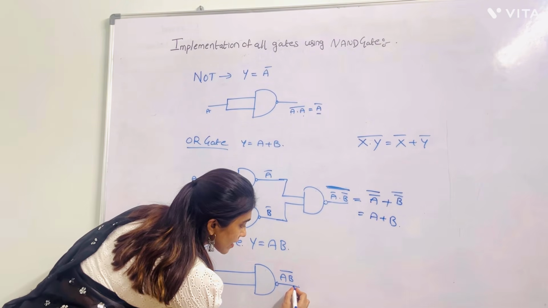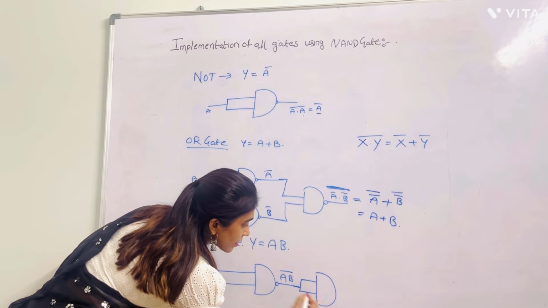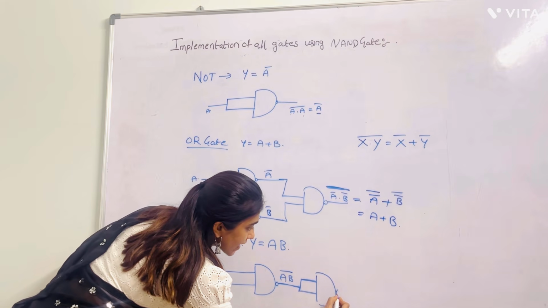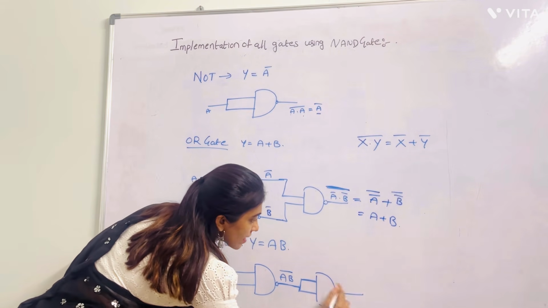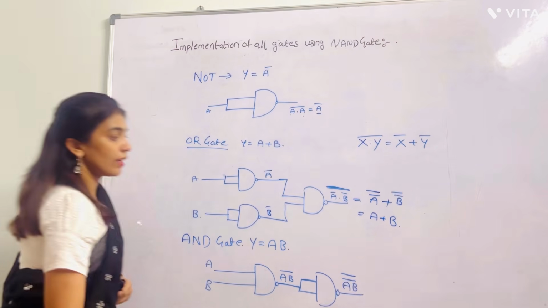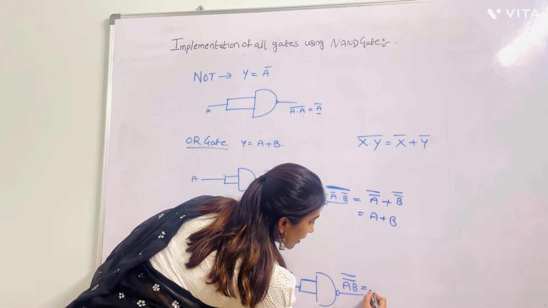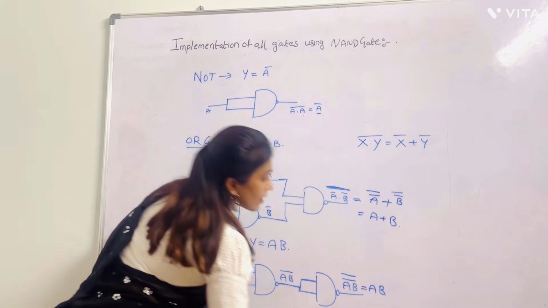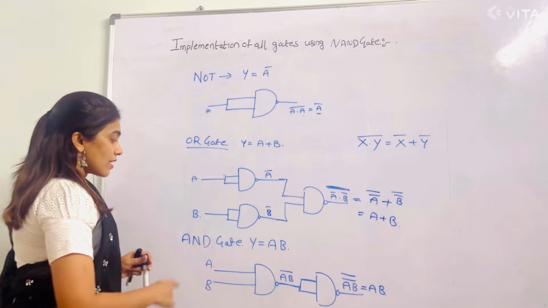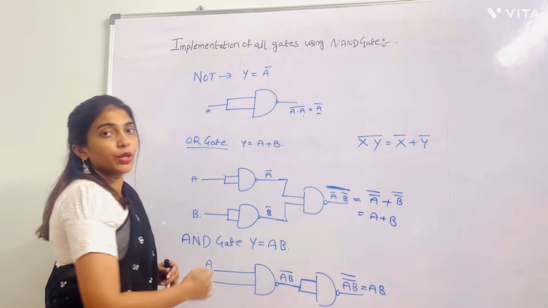This output is given to the next NAND gate twice, and this gate acts as an inverter. Then AB double bar equals AB. So instead of AND gate, we use two NAND gates in the circuit diagram.